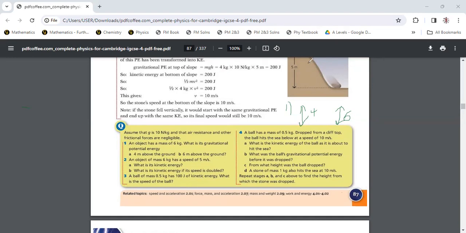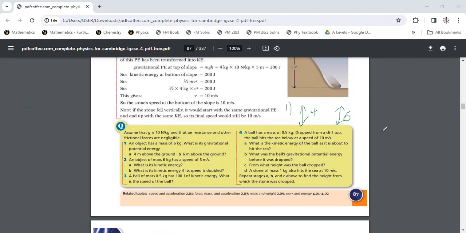Yep. Let's just wrap this up quickly. 6 kg. Your g will be 10. So what's your h for part A? Which is your vertical height. Yep. So what would be your gravitational potential energy for part A? 240 joules. Correct.